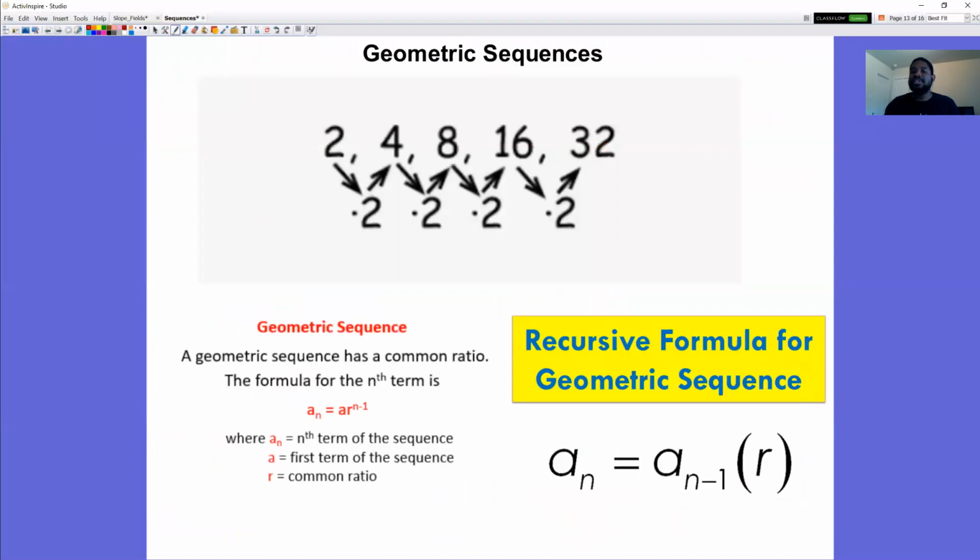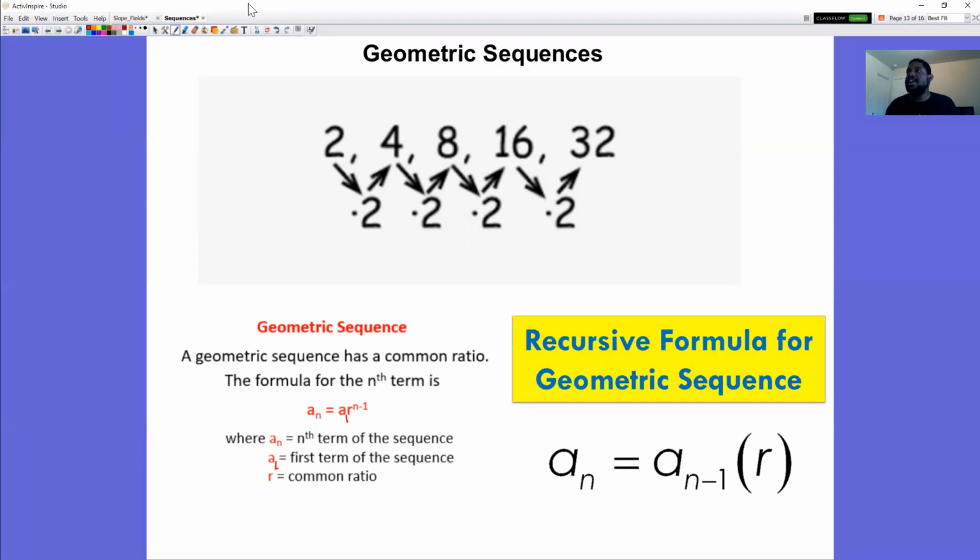Okay, so with that said, we can now talk about what a geometric sequence is. A geometric sequence is a sequence of numbers in which the terms are multiplied by a common ratio r to get the next term. So here we got 2, 4, 8, 16, 32. And so each of these numbers multiply by 2 to get the next term. So a geometric sequence has a common ratio. Here's the formula. We developed it before. So that's a_1.